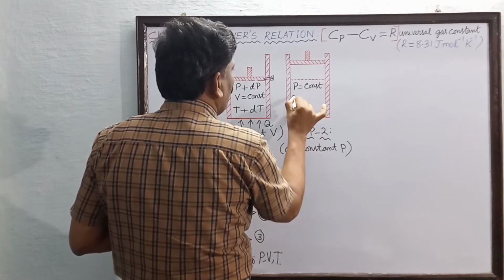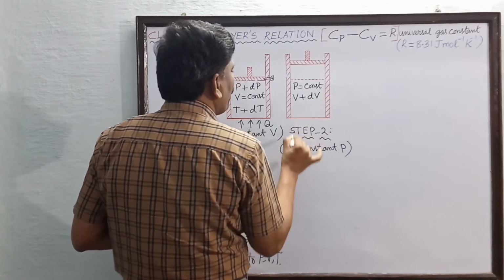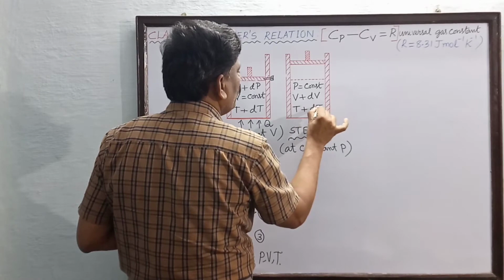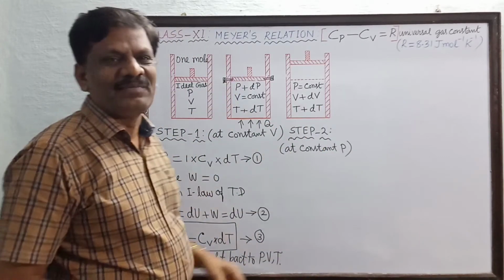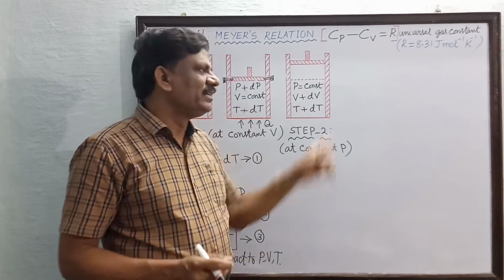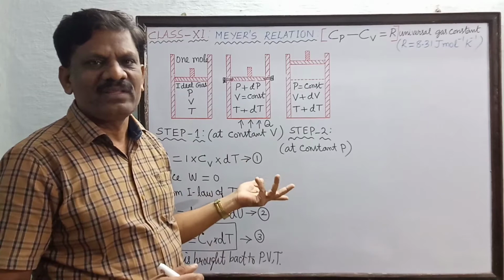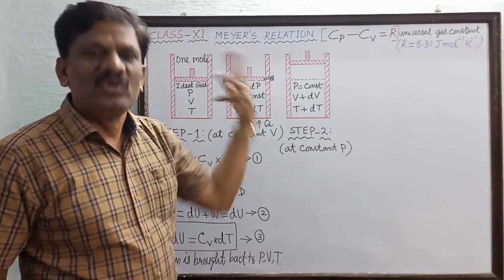And volume changes from V to V plus dV. The temperature also must increase from T to T plus dT, the same rise in temperature as in the first step. By the same amount dT, the temperature should be allowed to increase in the second step also. But here the volume is allowed to increase.